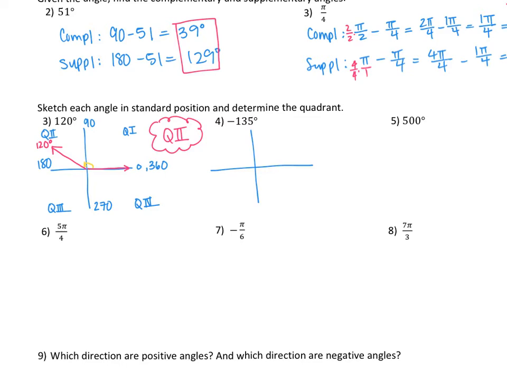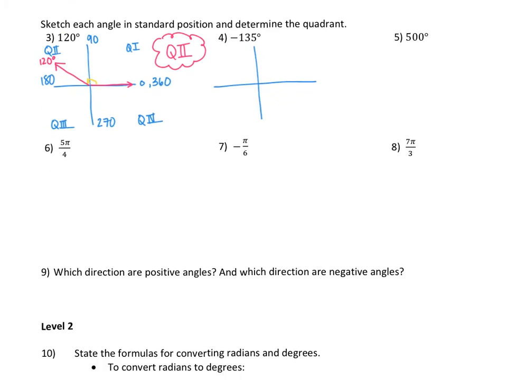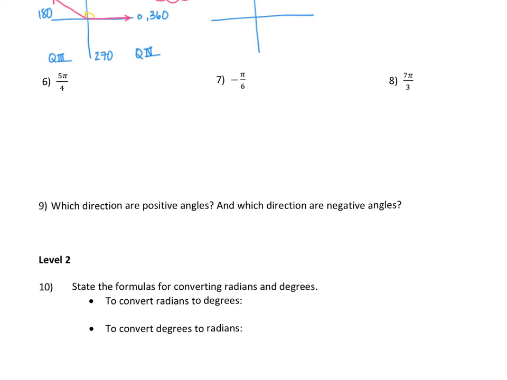Let's write that down actually in problem 9 here. So probably we should have done this problem first. Which directions are positive angles? Well, counterclockwise is positive, and clockwise is negative.